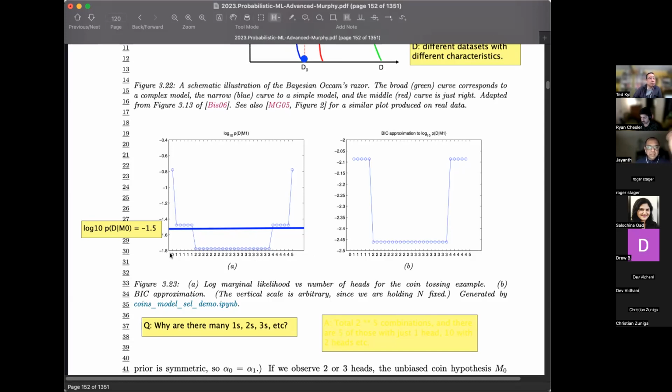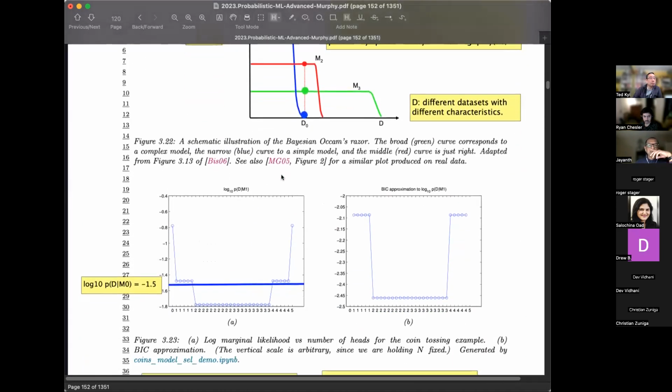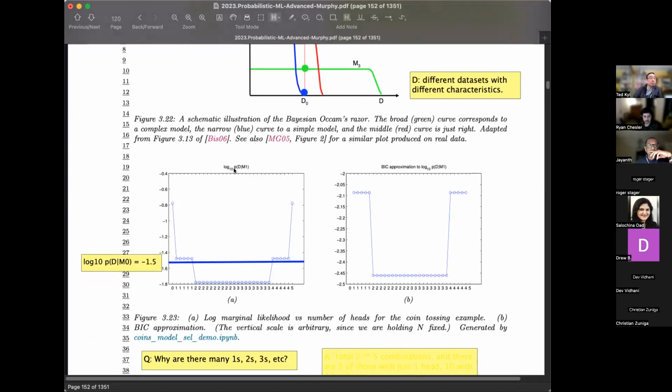There's only one way to get all tails, one way to get all heads, and then there are this many ways to get just one head, and so on and so forth. And so if you compute using that equation up here log P of D given Mi, you get very low values for 2 and 3 heads, then higher values for 1 and 4 heads, and then really high values for 0 and 5.